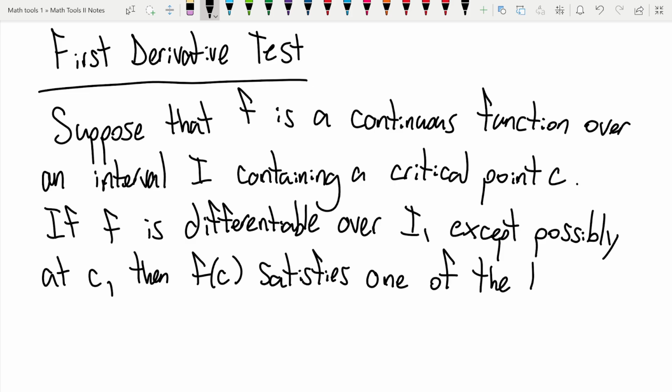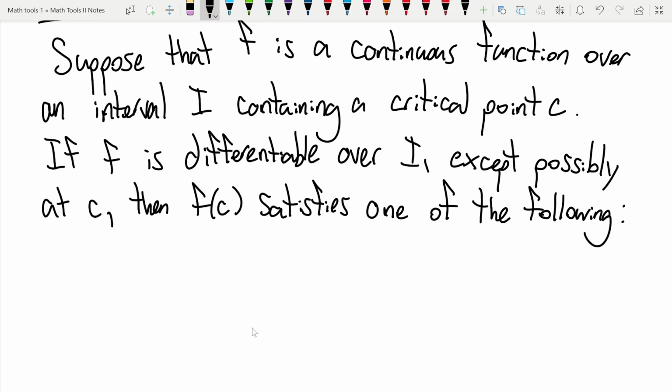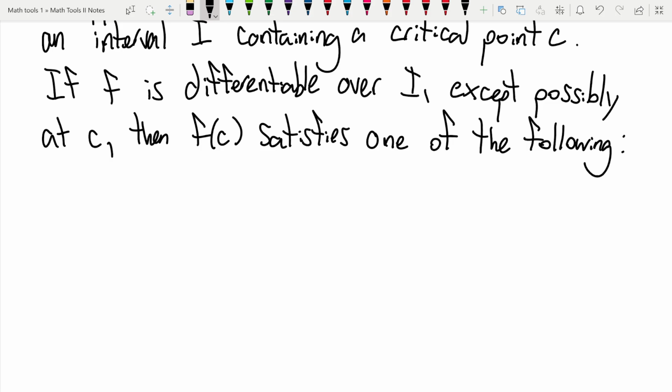Okay, so we're going to have three possible cases for f of C. So C is our critical point. So f of C, meaning the f value at C, could have one of these cases, which is basically going to be that it is a local minimum, a local maximum, or neither.